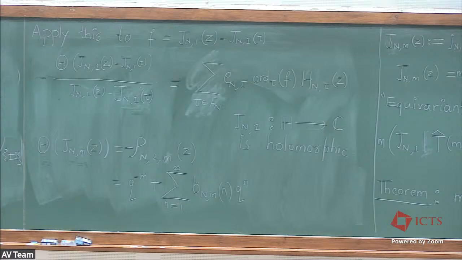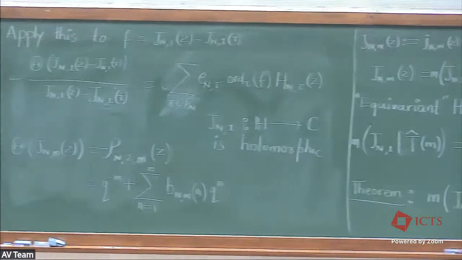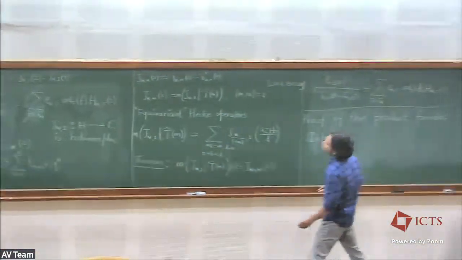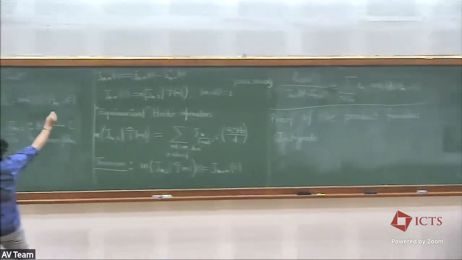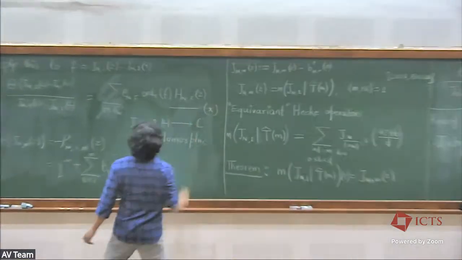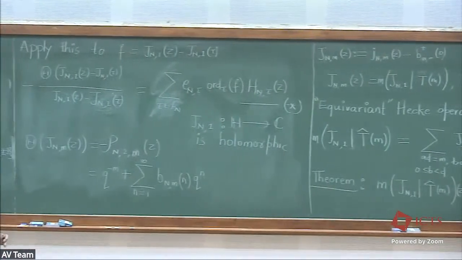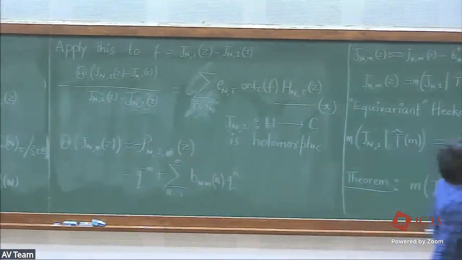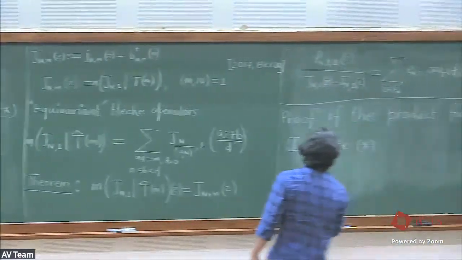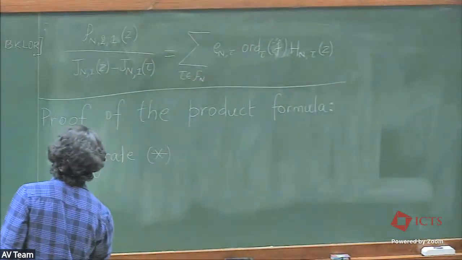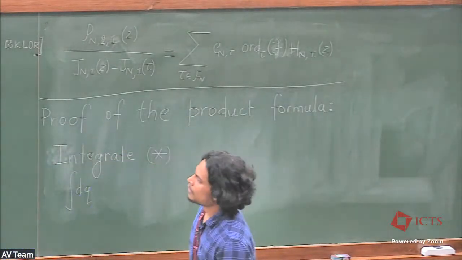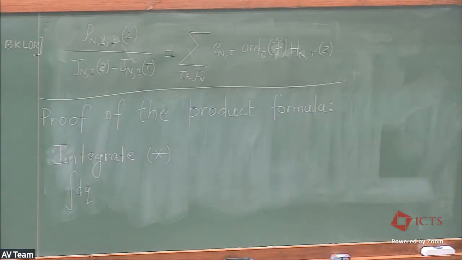So what we want to do is integrate this equation. So we can integrate this equation on both sides with respect to Q. So what we get is the following. On the left-hand side, theta is simply Q d over dq.